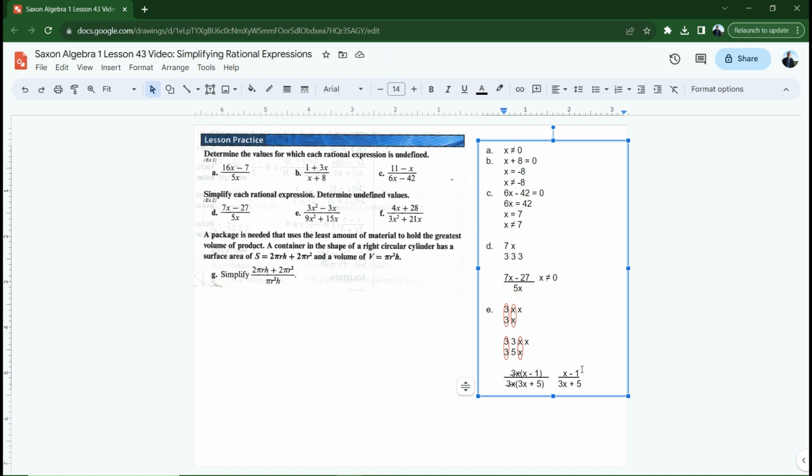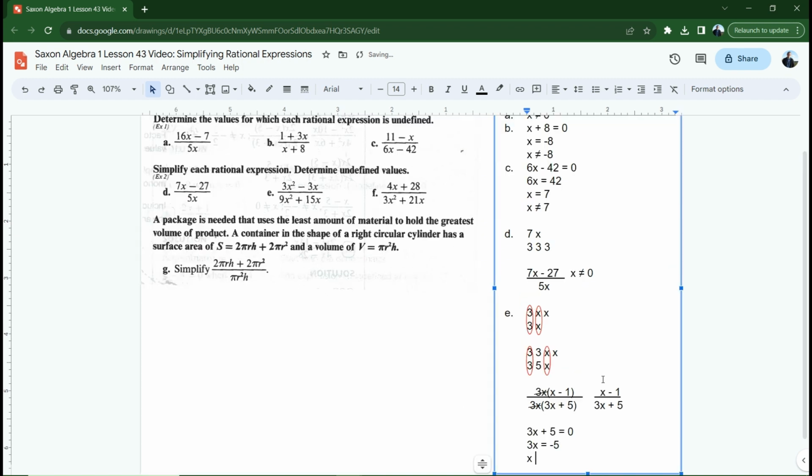All right, now, what values is x unable to take? Well, I can figure that out by just setting 3x plus 5 equal to 0. This is going to be a complicated one. So I'm going to subtract 5 from both sides. I get 3x equals negative 5. X equals negative 5 over 3.